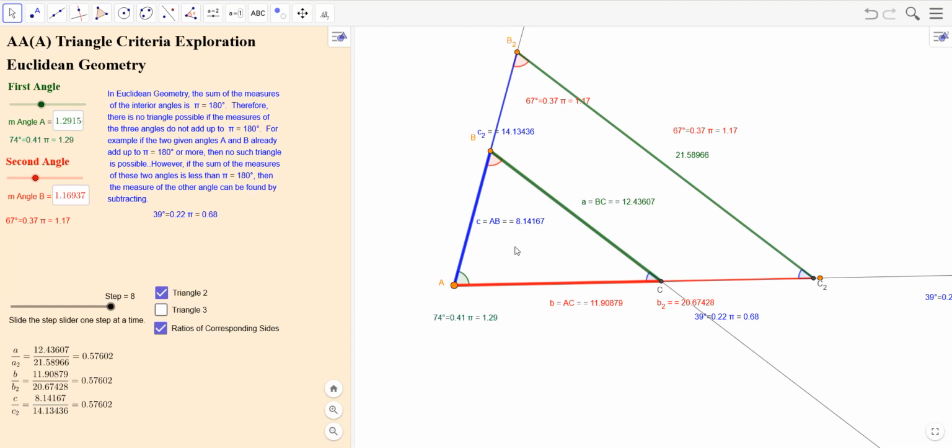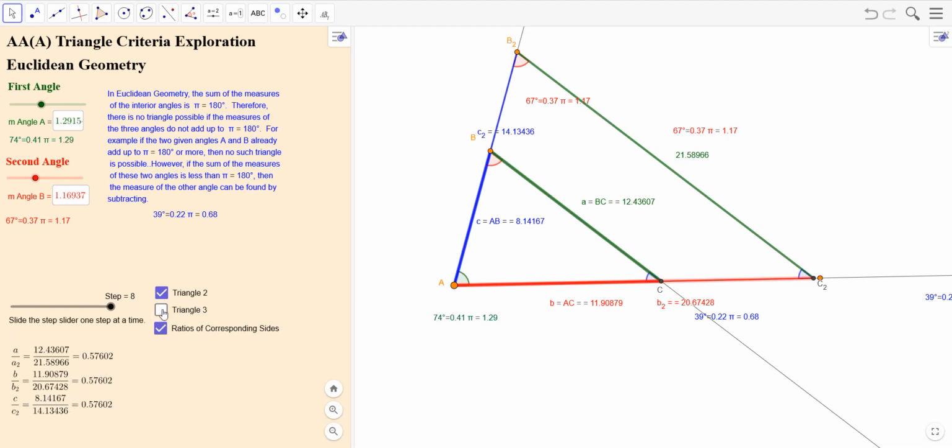If you take this side and divide it by that one, it gives you a ratio, and it's constant, because if I divide this length by the corresponding length here, or this one by the corresponding one here, as long as I'm dividing corresponding sides, I get the same number.